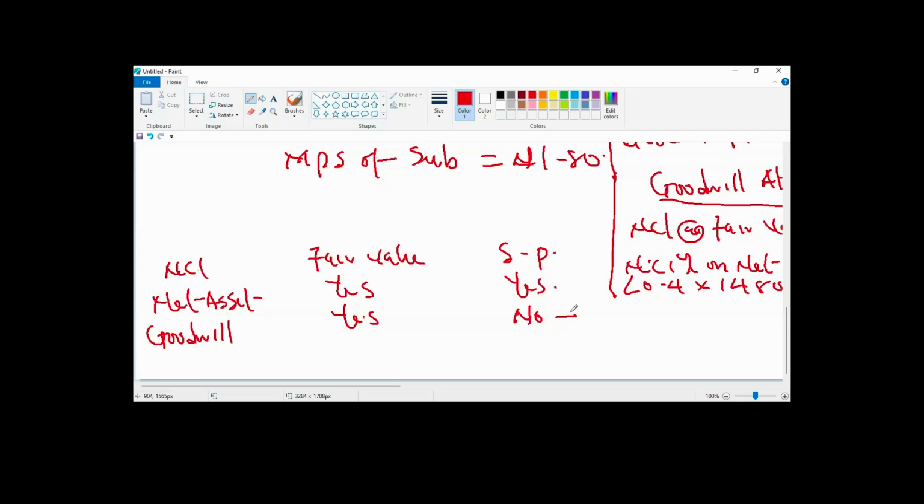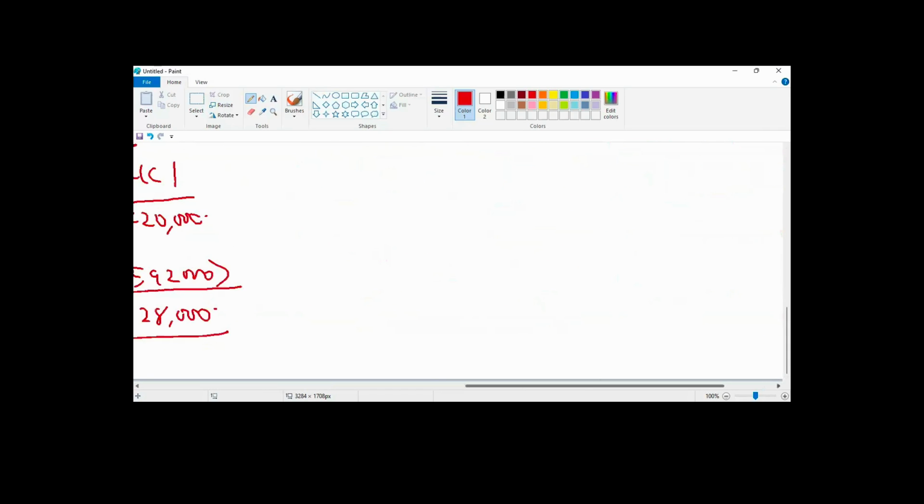Okay. Look at it. What we have done this night is key. So what are the accounts I need to open to close the question? One, I'll open group structure. Two, adjusted retained earnings of subsidiary.